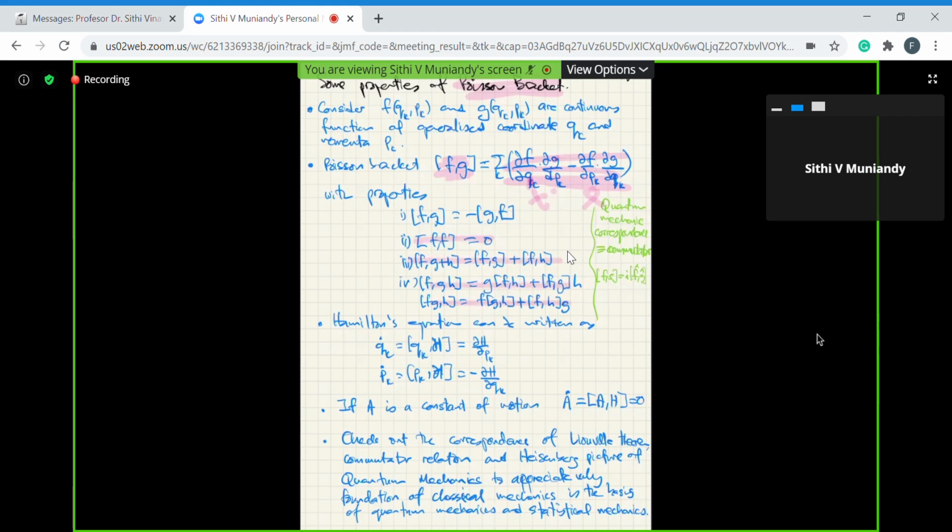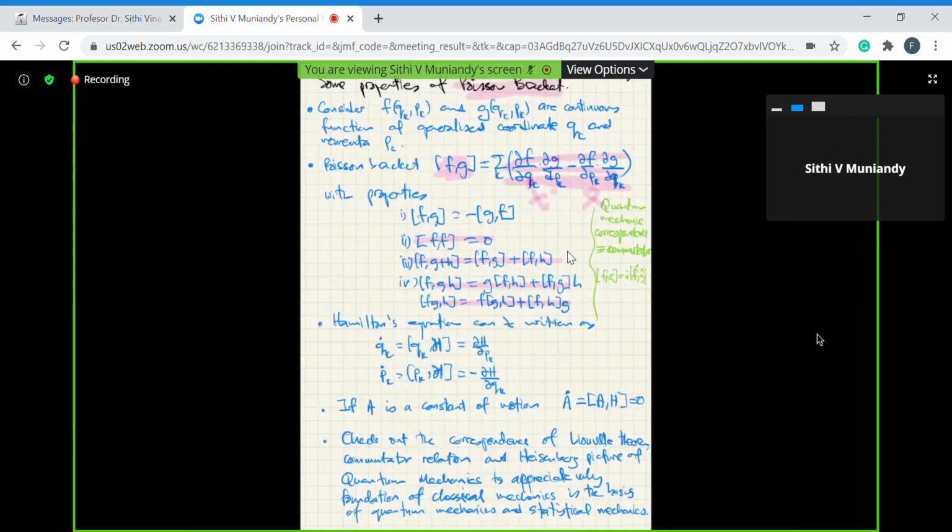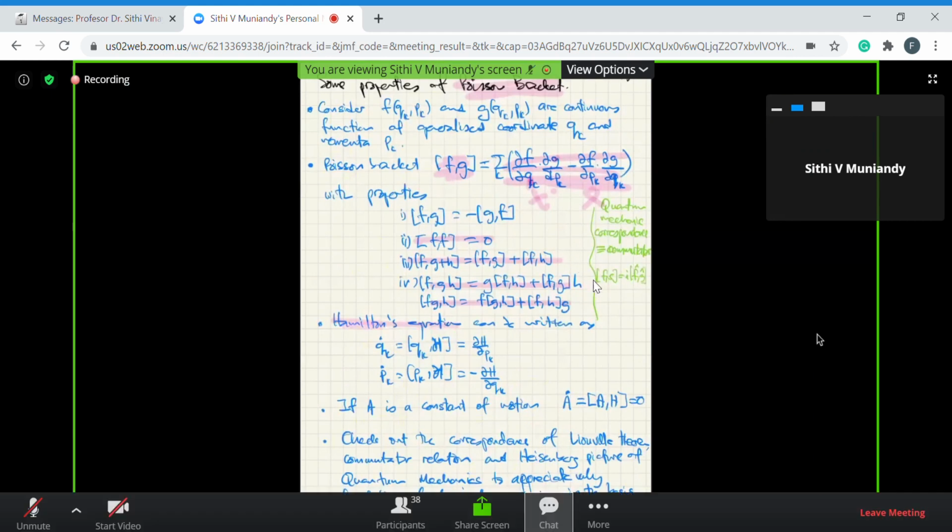And particularly if you look at this equation, when density is not changing with respect to time explicitly, then you have the conservative system defined by the Hamiltonian function.